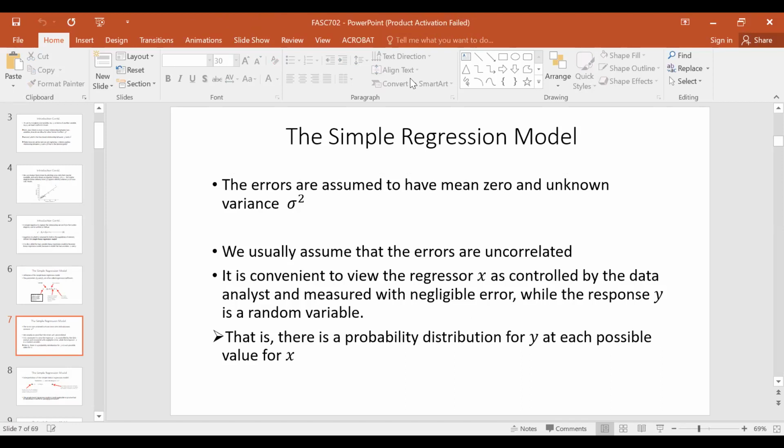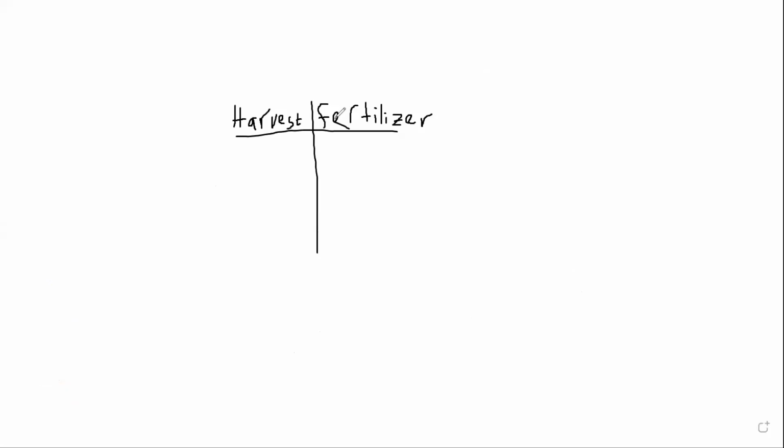So we are making a simplified assumption. It makes the statistics easy and so on. So what is this simplified assumption? Before the farmer goes to the farm, he has planned ahead that one of my farms will get 2 kilograms of fertilizer. One of them will get 4. One of the farms will get 5. One of the farms will get 6. So when he goes, he tells the boys, put 2 kg here, put 4 here, put 5 here, put 6 here.